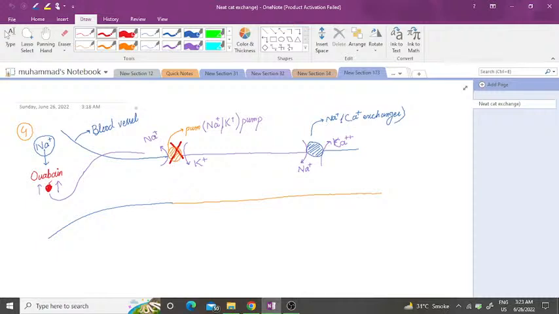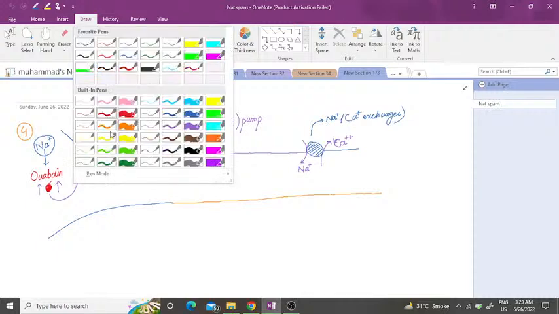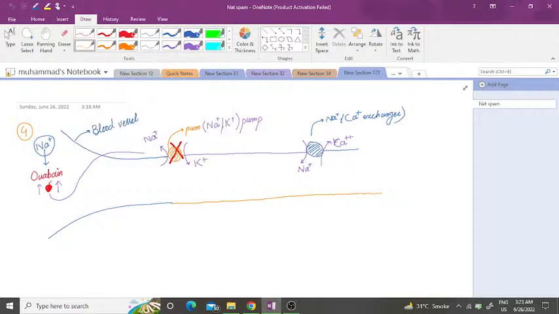When it is blocked, the retention of sodium inside the cell will be enhanced, because this pump was responsible for the outflux of sodium.